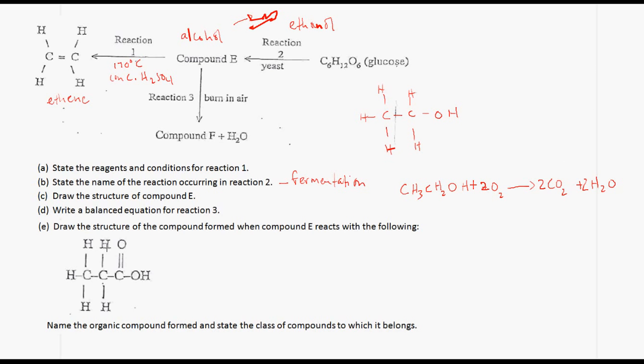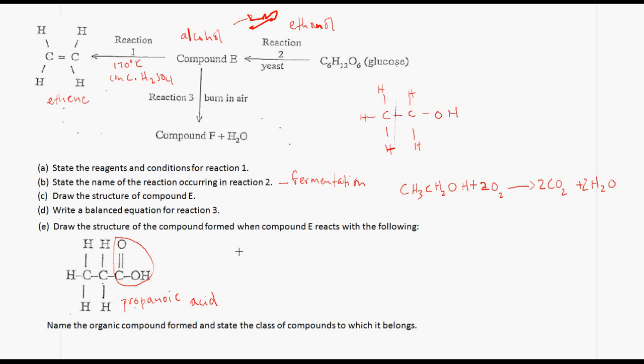When E reacts with this structure here, now this is a carboxylic acid, right? And in this case it is propanoic acid. And we know it's propanoic acid because it has 3 carbon atoms present.